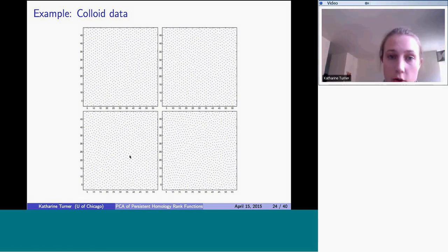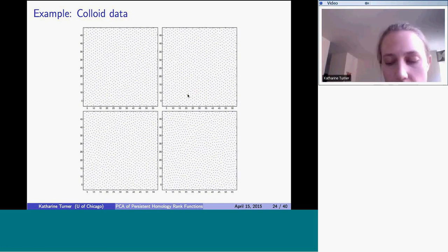So, another four colloid pictures to repeat. Going top, bottom left, bottom right, there are four different increasing temperatures, labeled 13, 14, 15, and 16.